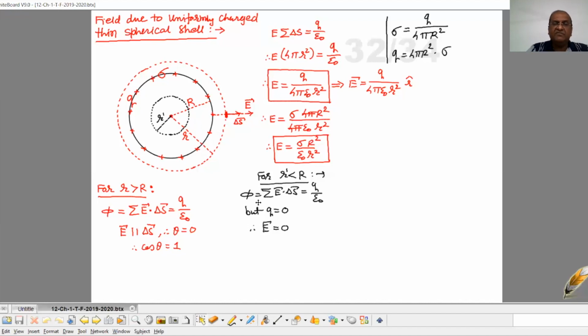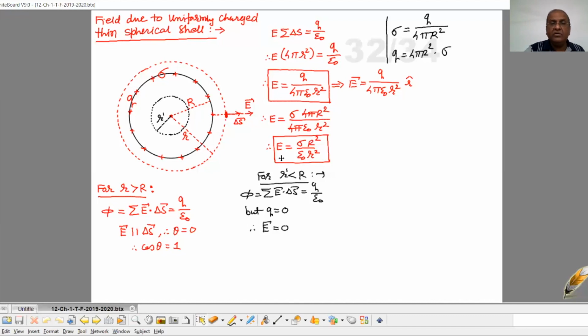So we can write the flux phi, the sum of E dot delta S, equal to, as per Gauss's theorem, Q upon epsilon 0. But see here, Q is the charge enclosed by the Gaussian surface. Here, the entire charge is outside the Gaussian surface. So the net charge enclosed by the surface is 0.